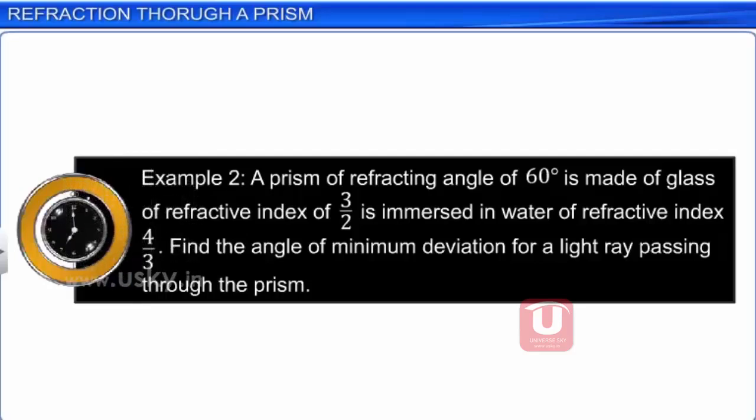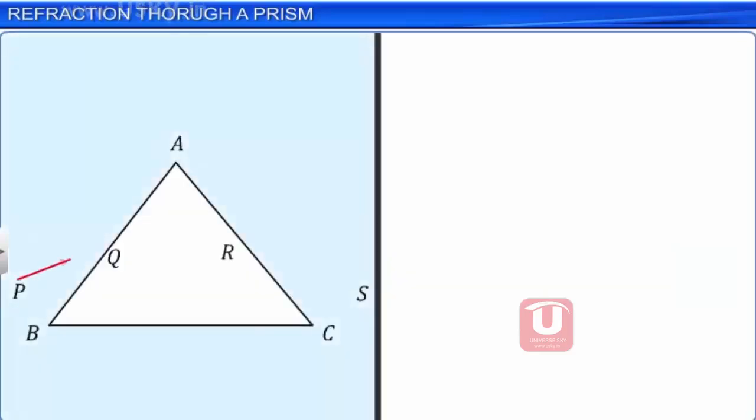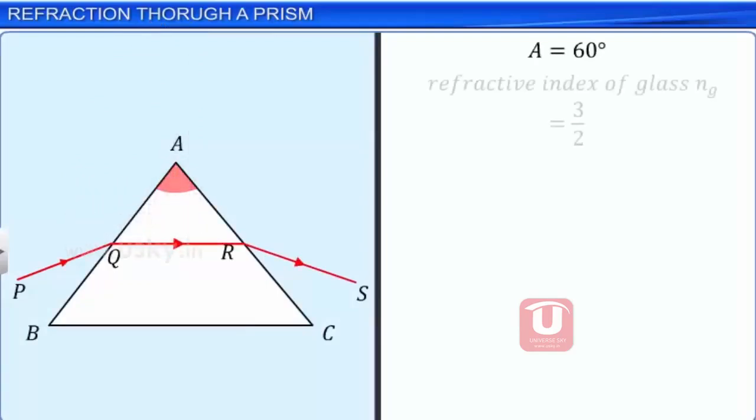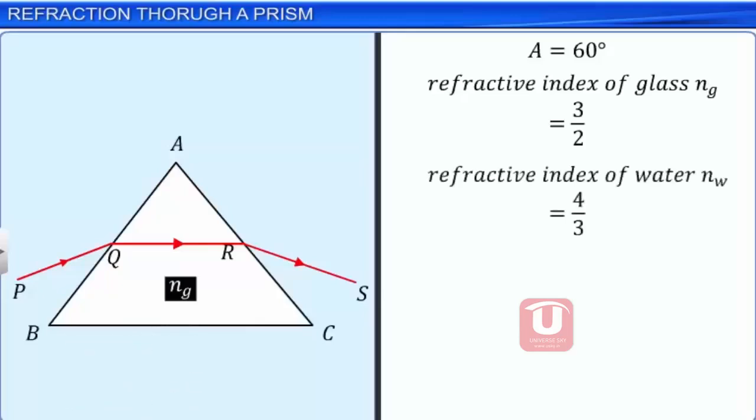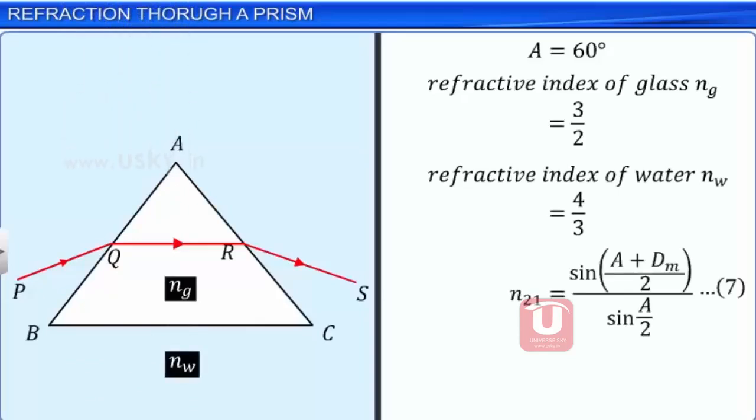On substituting the respective values, we get (3/2) by (4/3) is equal to sin((60 plus dm) by 2) by sin(60 by 2). On simplification, we get dm is equal to 8.46 degrees.